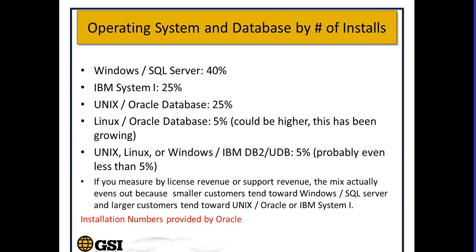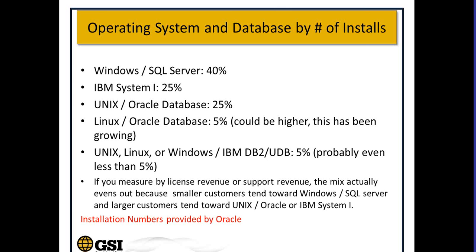But I believe the reason the numbers are skewed in favor of Windows SQL is that there are a lot more smaller customers running Windows SQL environments, whereas your larger customers tend to run IBM System i and Unix Oracle databases. Linux Oracle database, at the time I retrieved these numbers, was about 5%.